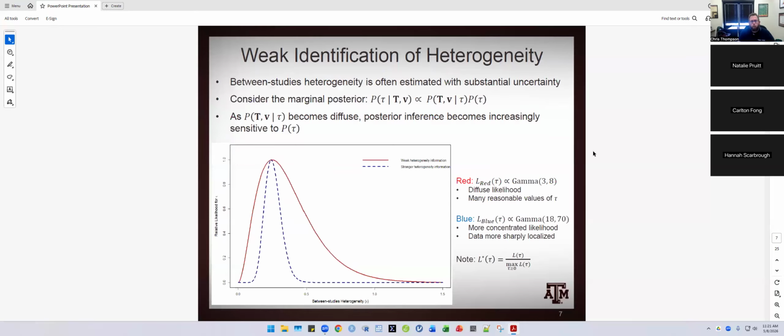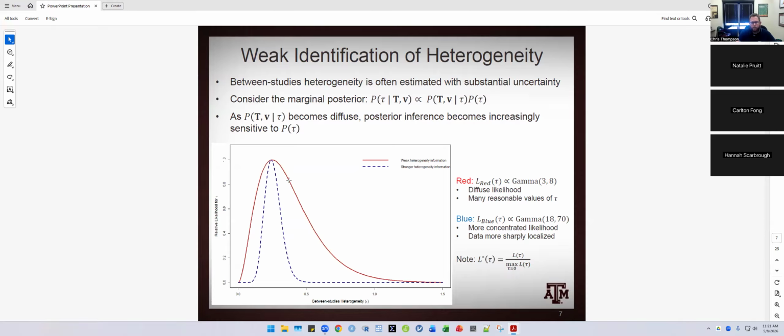So one thing I said a few slides ago was that the identification of tau is usually weak or can be weak. So in this graphic, what I wanted to show you is there are two scenarios for the likelihoods for tau.